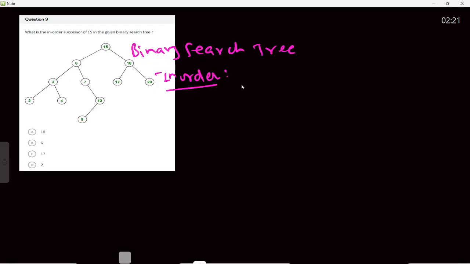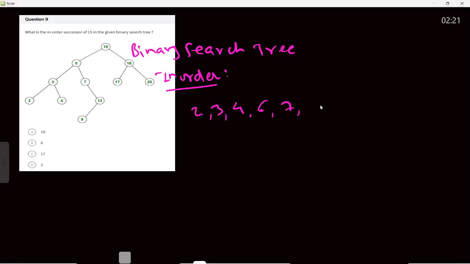What is the in order of binary search tree? Is the sorted list or sorted elements, okay, in ascending order. So let's write the ascending order, that is only the in order of binary search tree. So what is that? 2, 3, 4. Then 6, 7.